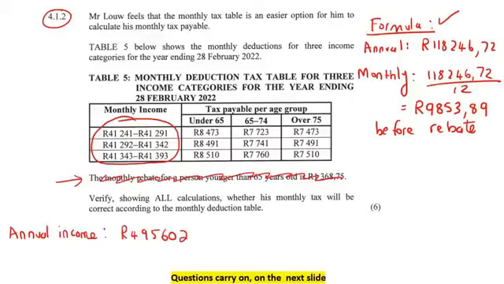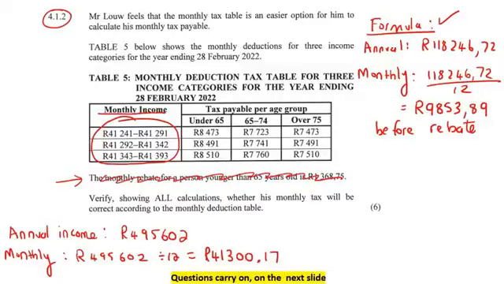Okay, but this is an annual income, so we need to just divide that by 12 to get his monthly income. So 495,602, divide that by 12, and that'll give us 41,300.17. So that's per month. That is what this guy earns per month.